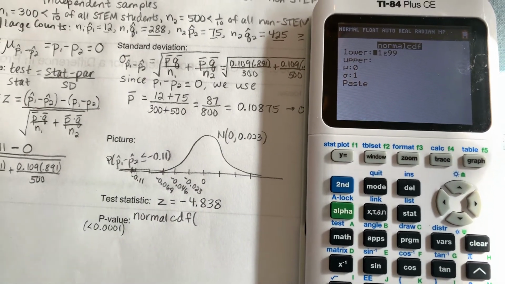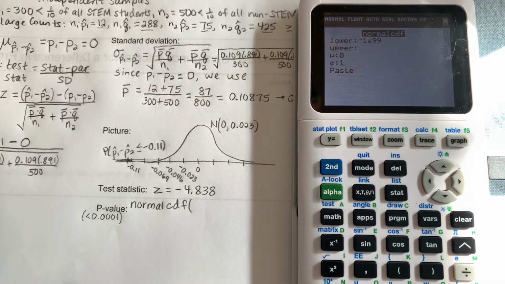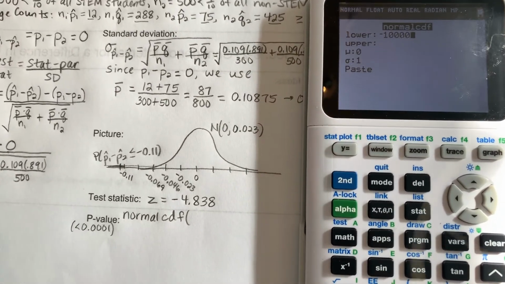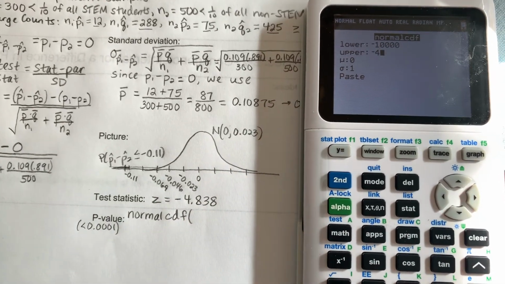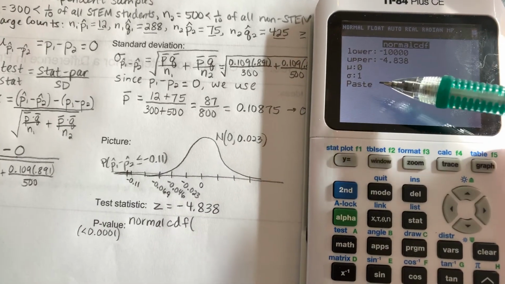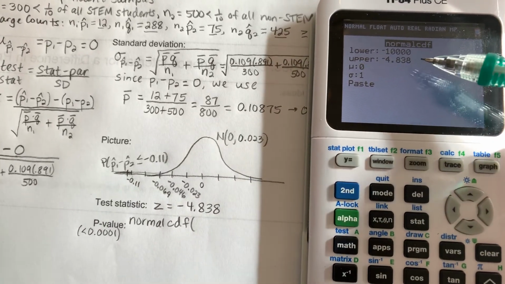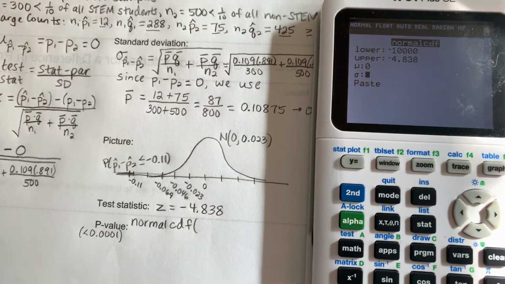So it's a negative 1 and then 99 zeros. Huge, huge negative number. You could leave it like that, or you can change it to negative 10,000. I don't really care what you do. And then your upper is that z-score, negative 4.838. And then we leave the mean and standard deviation at 0 and 1, because remember this is a z-score, which has a mean of 0 and a standard deviation of 1.